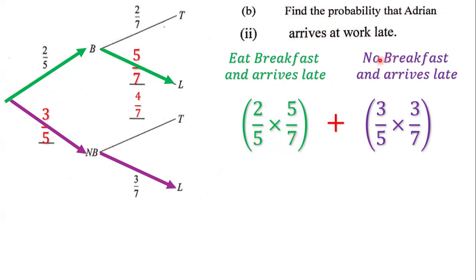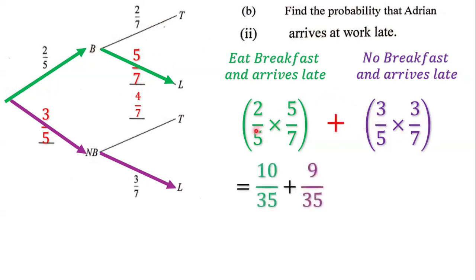And now the probability that he has no breakfast and arrives late, so that's no breakfast, 3 over 5, and arrive late, 3 over 7. And since we use the word and, we multiply. So we have 3 over 5 multiplied by 3 over 7. So there are 2 ways, this way or this way. And so that's why we add them.